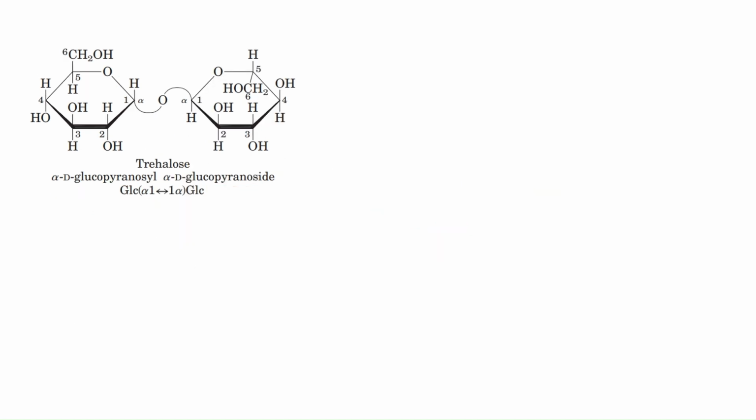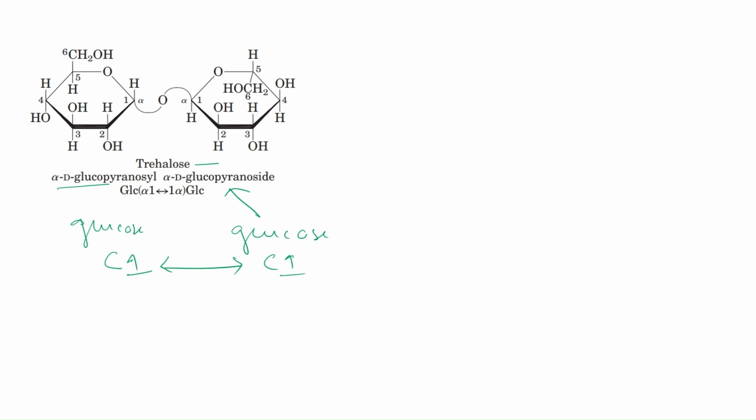Next disaccharide is trehalose. Glucopyranosyl, that means one glucose. Glucopyranoside, that is the second glucose. The bond is formed here at carbon number 1, here also carbon number 1. Hence the arrow is like this. Now here, because glucose is an aldose, the functional group is present at carbon number 1 only. And this carbon number 1 is responsible to act as a reducing end.